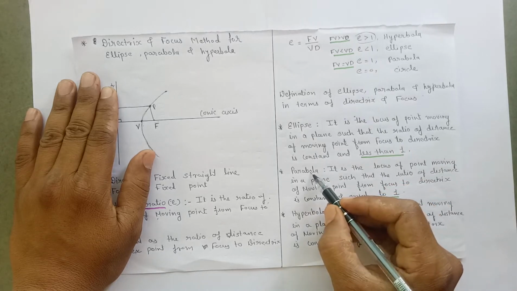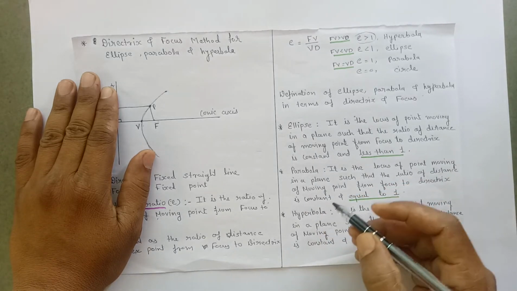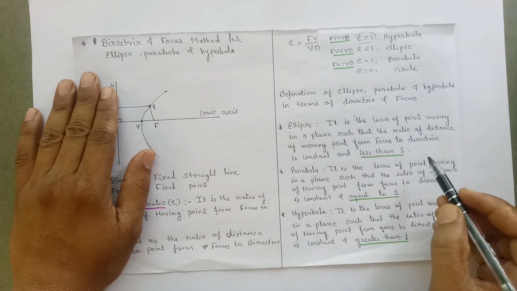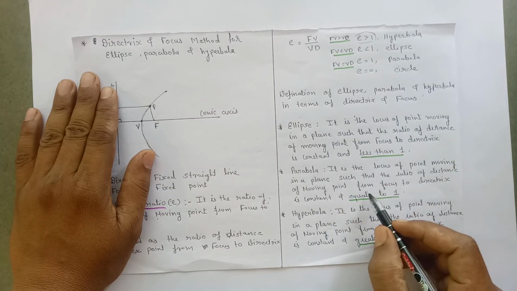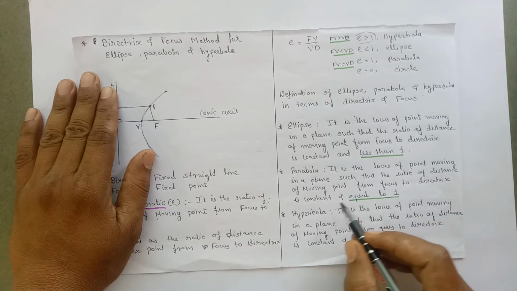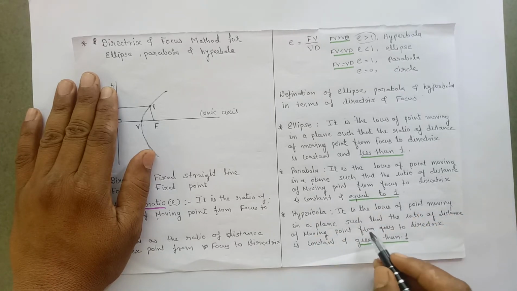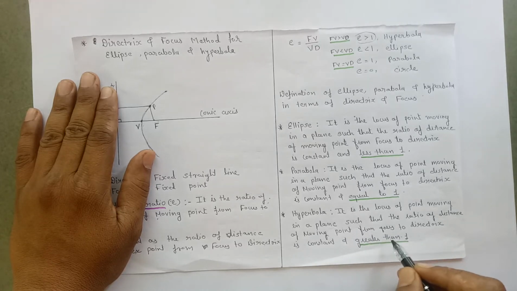Now the definition of the parabola and hyperbola. In each and every definition the statement will remain the same, only the change is in the ratio: for parabola the ratio will remain constant and equal to 1, and for hyperbola the ratio will remain constant and greater than 1.